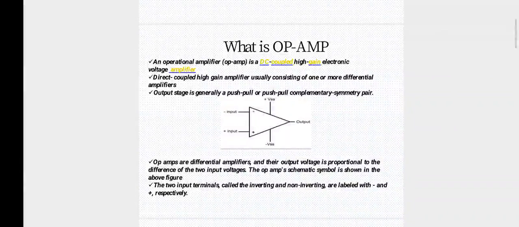There are two input terminals and one output terminal. Op-amps are differential amplifiers and their output voltage is proportional to the difference of the two input voltages. The op-amp's schematic symbol is shown in the above figure. The two input terminals are called the inverting and non-inverting terminals. Inverting is the negative terminal and non-inverting is the positive terminal, labeled with a minus and a plus respectively.